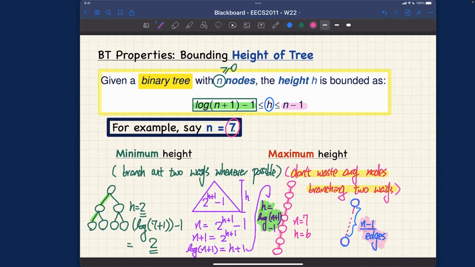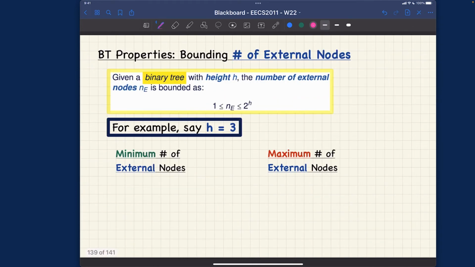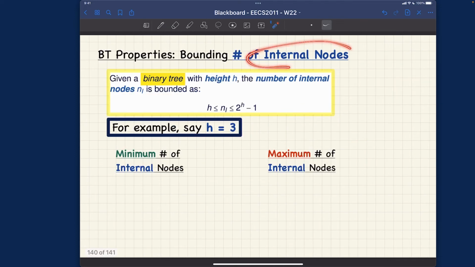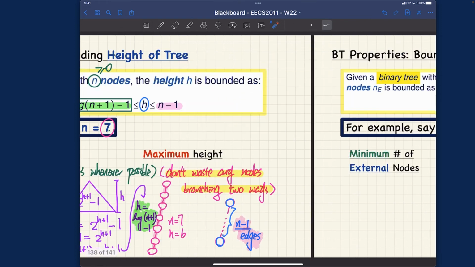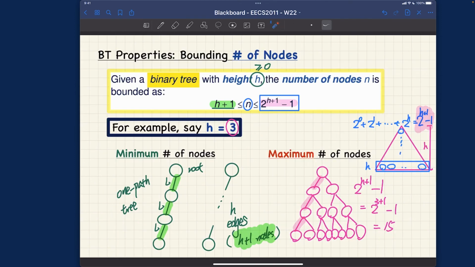The final 2 measures I want to talk about, namely the number of external nodes and also the number of internal nodes, I would like to talk about them side by side for a reason. I want you to recall the discussion earlier about the number of nodes, because the number of nodes itself definitely includes the number of internal plus external nodes.